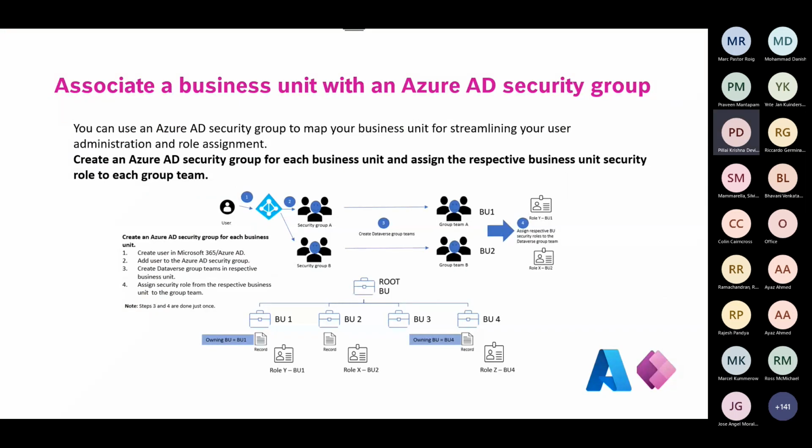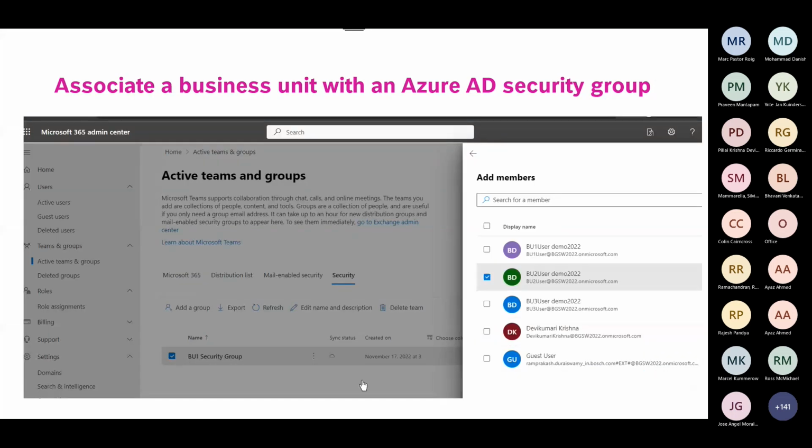So this is what we have seen. Once I create a group, I will be able to associate members. I just select that group and go on to add members, and manually I can add additional members and guest users to this particular group.